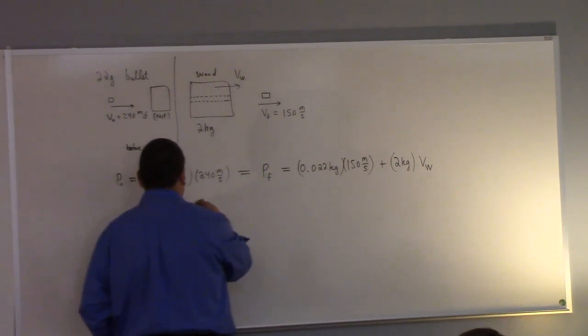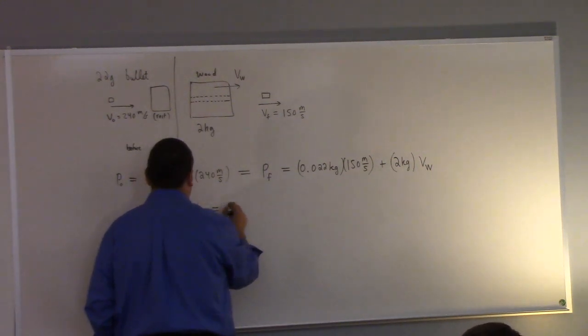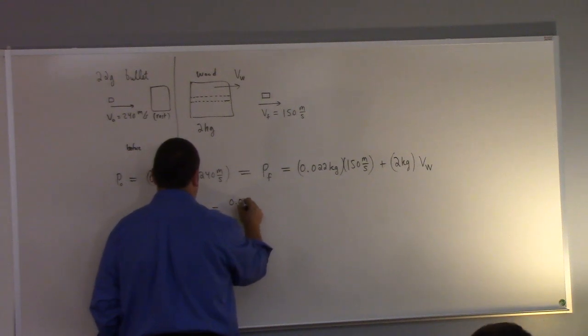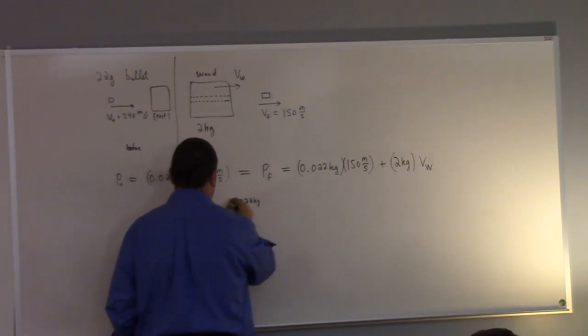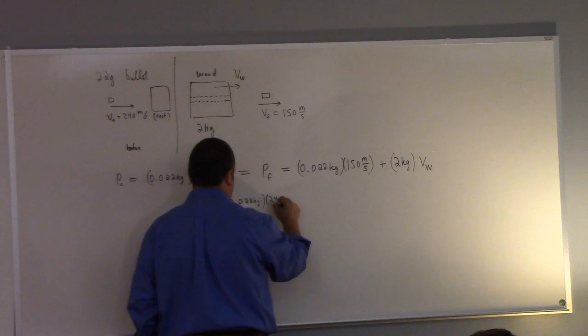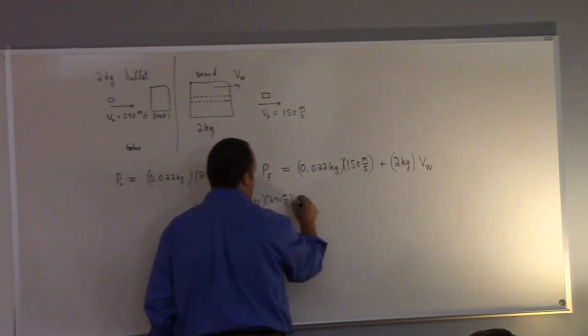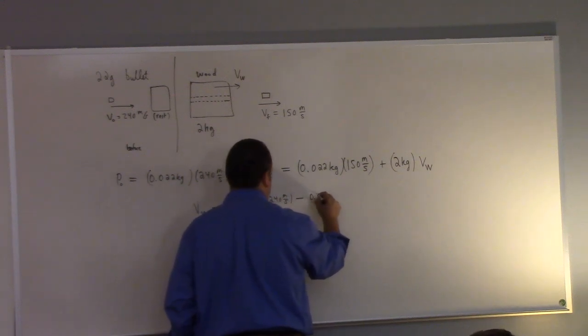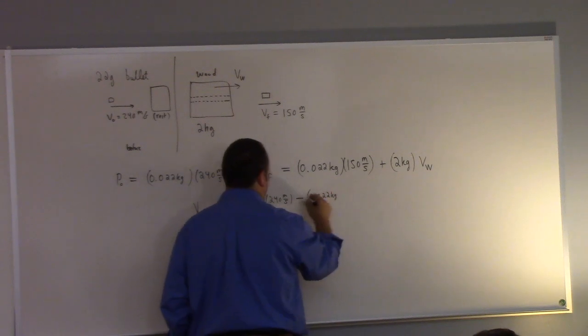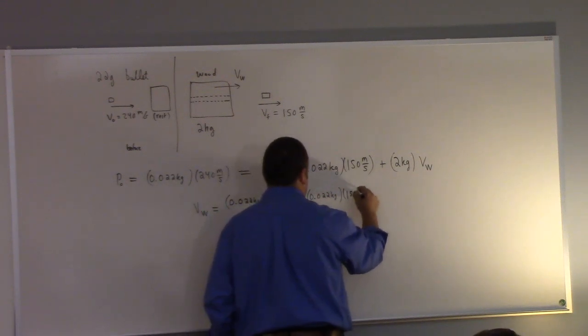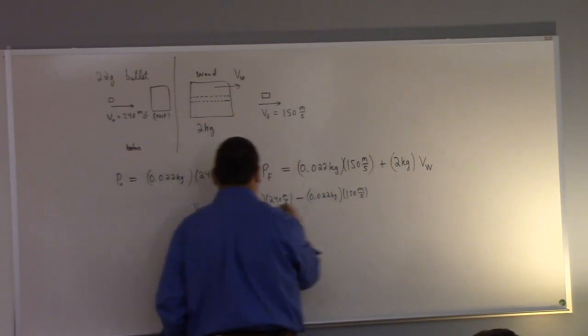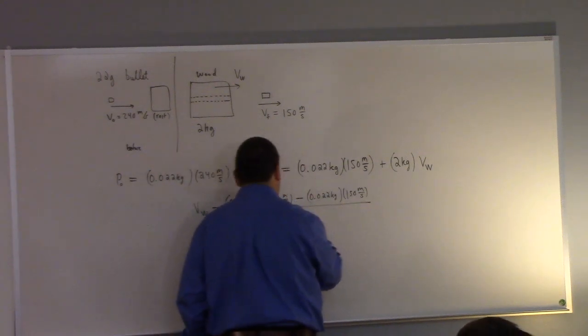So vw is equal to 0.022 kilograms times 240 meters per second minus 0.022 kilograms times 150 meters per second, all divided by 2 kilograms.